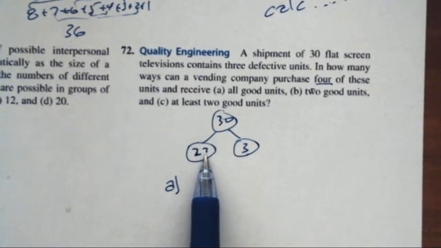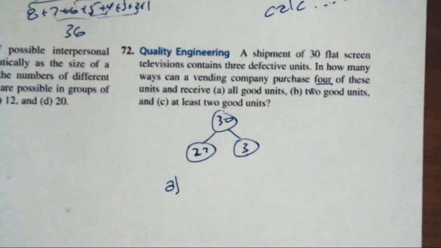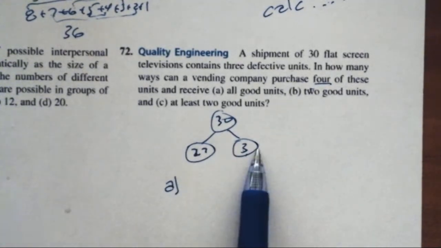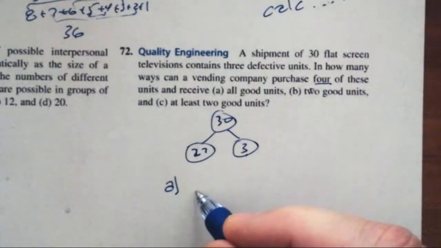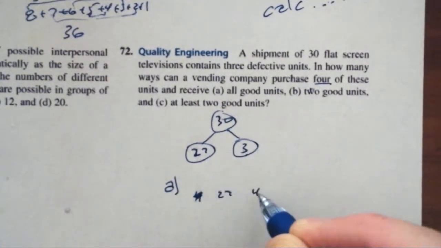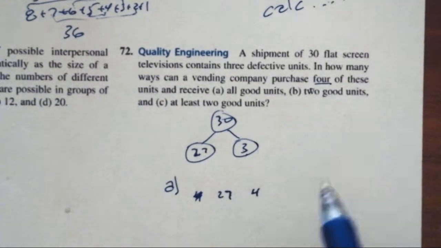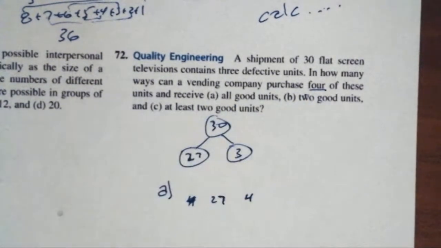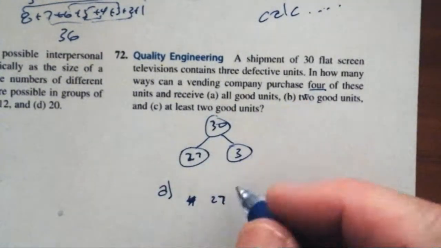I want to just select from 27. I'd refer to this as just a partition. It's like a deck of cards, partitioned into hearts, spades, clubs, diamonds. This deck is good and bad. I want to only select 4 from the good ones. So I'm choosing, from 27, I'm choosing 4. Is there anything that implies the order that I choose the TVs in matters? No.